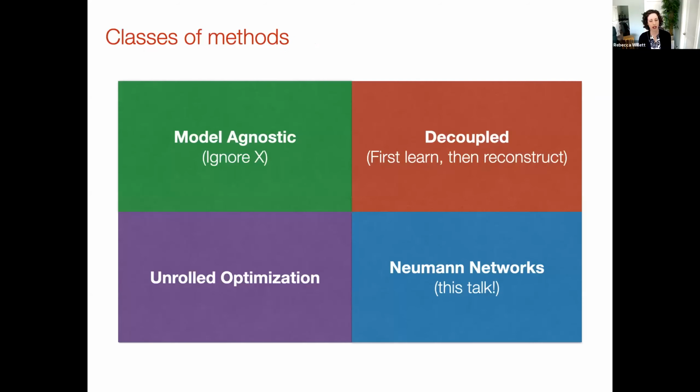In particular, the four categories that I'm going to describe today are model-agnostic, where we, for the most part, ignore precise knowledge of this forward model X; decoupled, where we somehow separate out the process of leveraging knowledge of the forward model X and where we learn from the training data; then unrolled optimization; and finally, a newer method that my student Davis Gilton and a postdoc Greg Ongie and I developed together called Neumann networks.